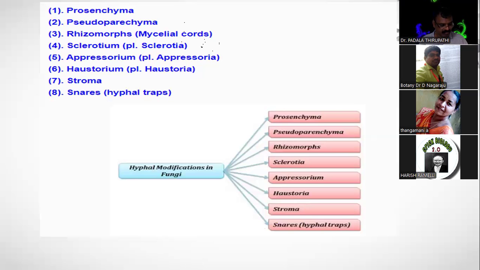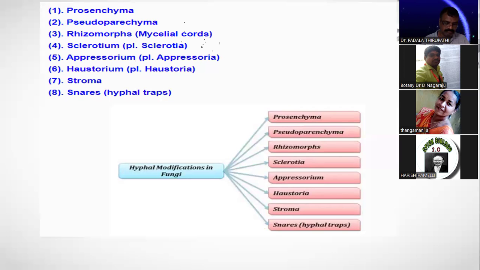That is the difference between these two. Haustoria have finger-like projections and branches, so intracellular Haustoria and intercellular Haustoria are there.